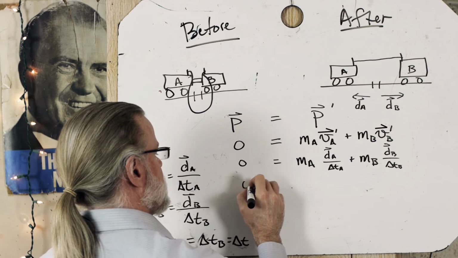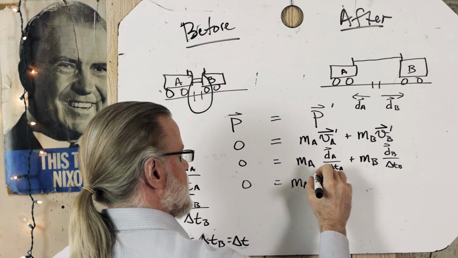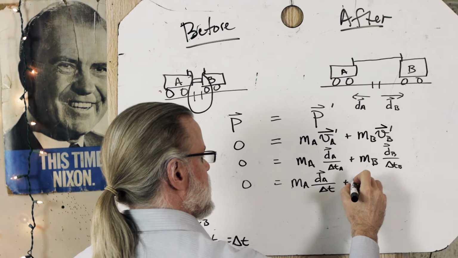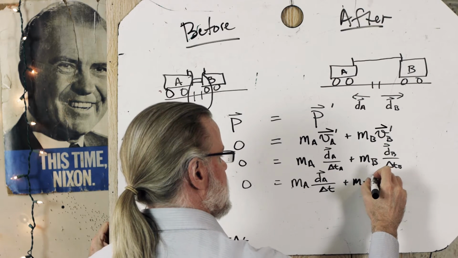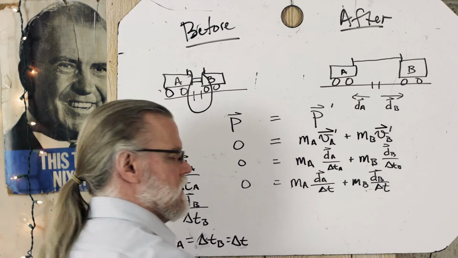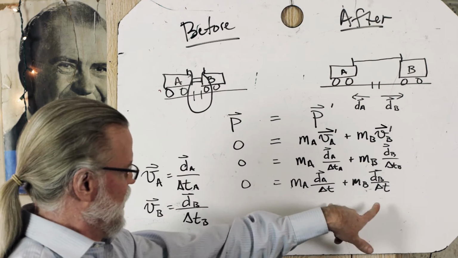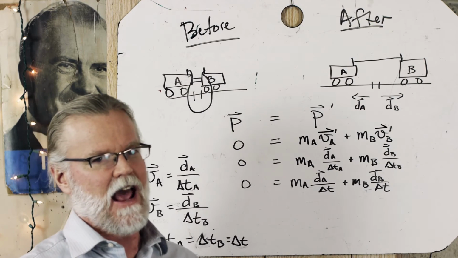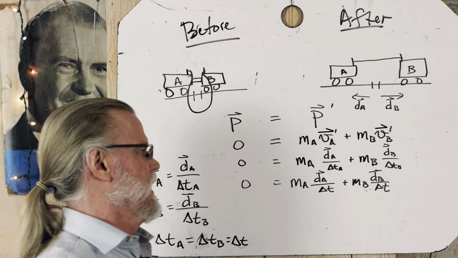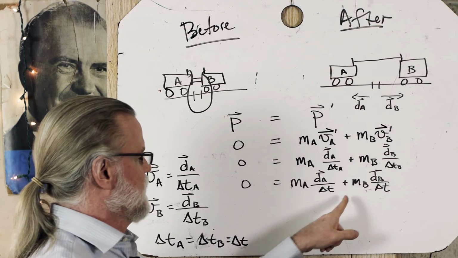So I have 0 equals mass of A, displacement of A, divided by delta T, plus mass of B, displacement of B, all over delta T. Well, those of you mathematically inclined will see that something interesting can happen to delta T. Since delta T is in both of these, we can multiply both sides by delta T, and what happens?